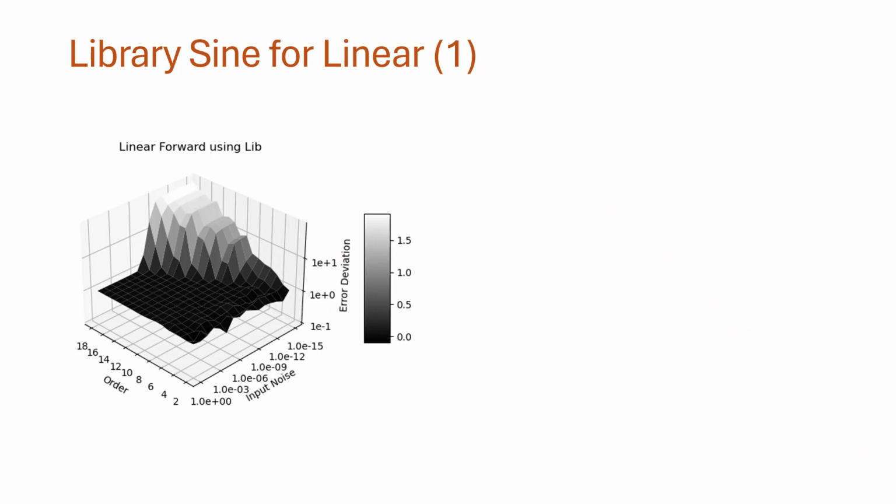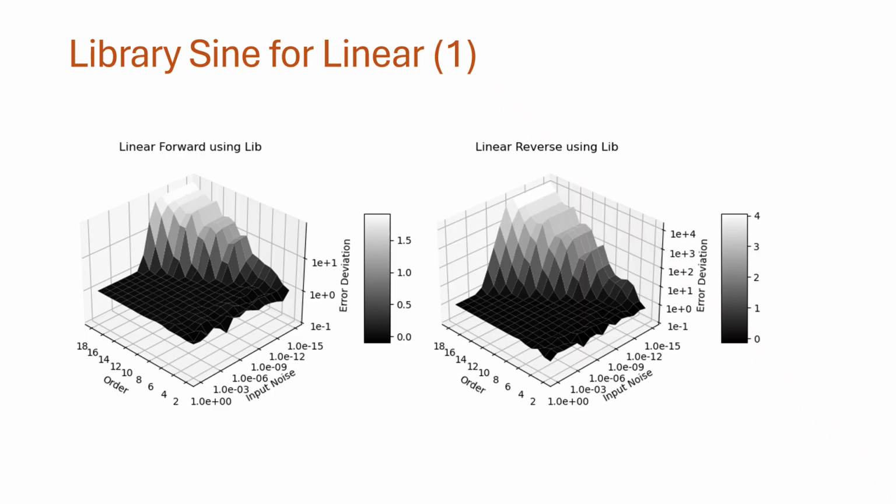And if we look at the error deviation map, we find the ideal coverage region is much smaller using library sine, and even smaller using reverse transform.